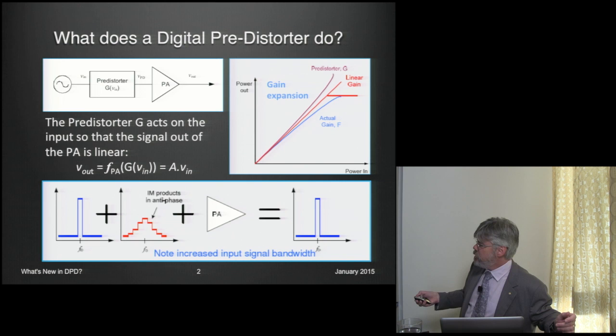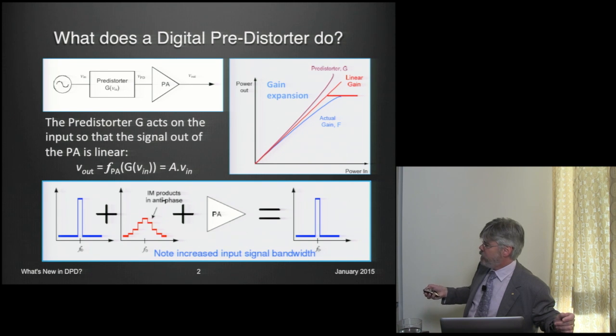Another way of looking at this is in the frequency domain. The action of the predistorter is that we have this nice clean signal going in, and we want to get a nice clean signal coming out, but the PA is going to add a whole bunch of intermodulation distortion around the signal.